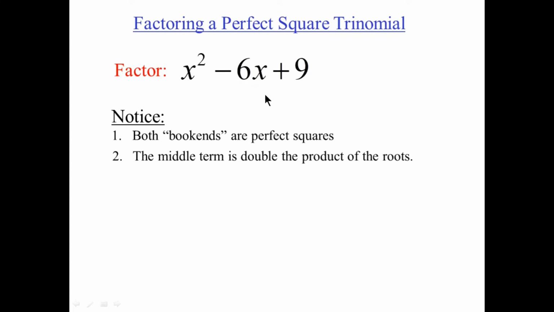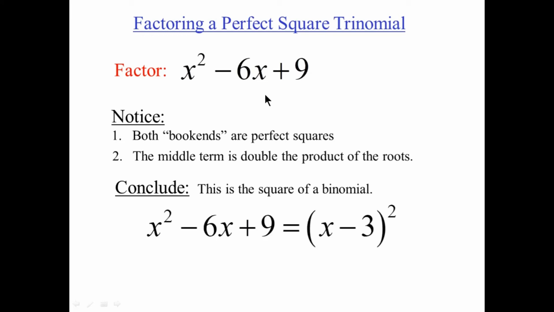Now, if you notice that, then you've got the key that unlocks the door to this perfect square trinomial. First of all, you conclude that it's the square of a binomial, and it's the binomial x minus 3 squared. Now we'll go into how we develop this square root of this perfect square trinomial in a moment.